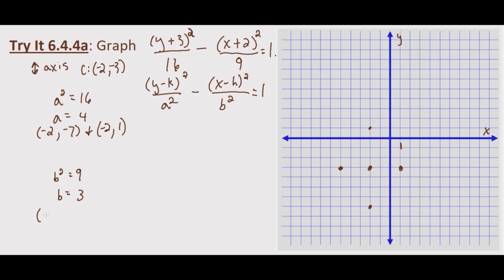So -2 minus 3 is -5, -3. And -2 plus 3 is going to be 1, -3. And those are the points that we have plotted based on going that distance on the graph from our center. So we draw in our box.